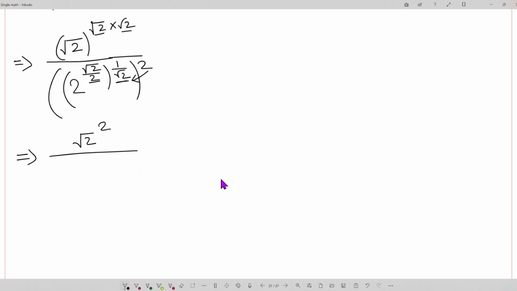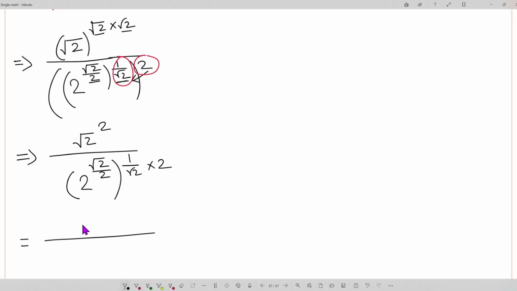So anything we can do. First we can write 2 to the power root 2 by 2, and whole to the power 1 by root 2 times 2. It means this one and these two. Okay.